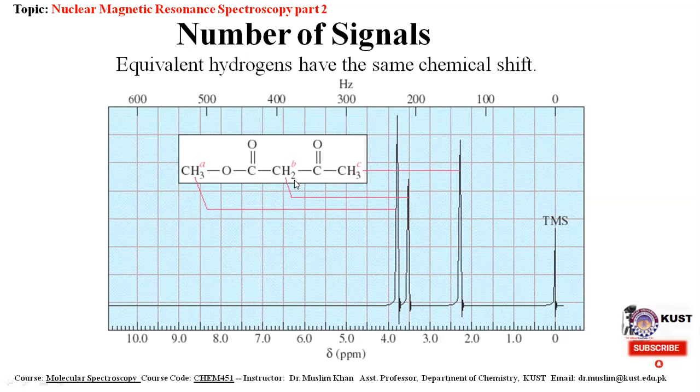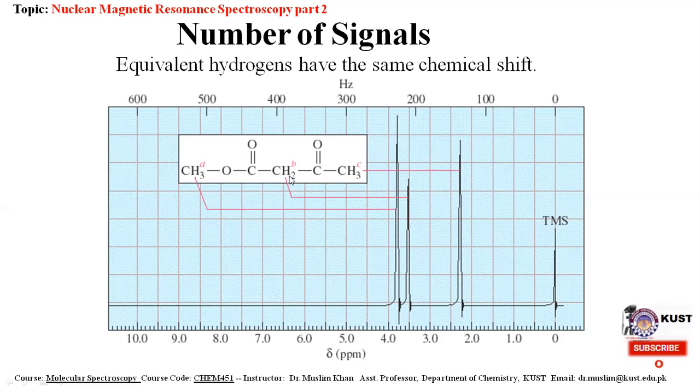While this is B, on the one hand it is attached to a carbon atom, which itself is attached to two oxygen atoms, and on the other hand this carbon is attached to a carbon atom which is itself attached to oxygen and another methyl group.